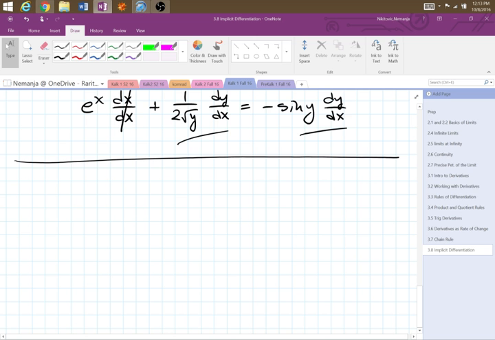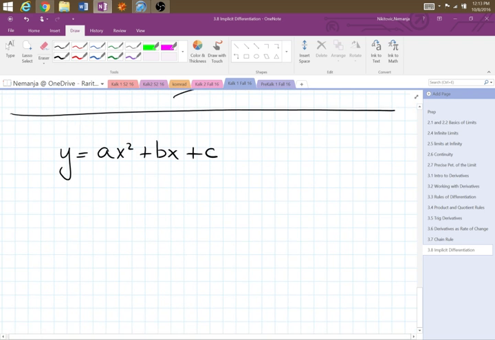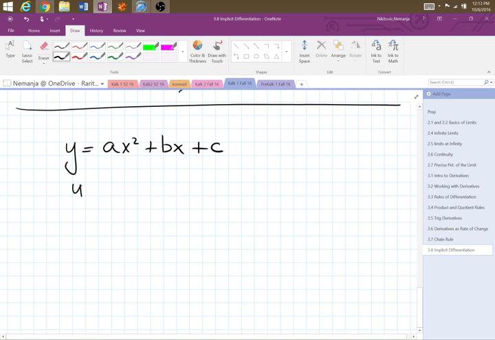So I would like to write something. Y equals ax squared plus bx plus c. And now we look at this, and if you are using bad notation, this is what happens. Y prime equals 2ax plus b.